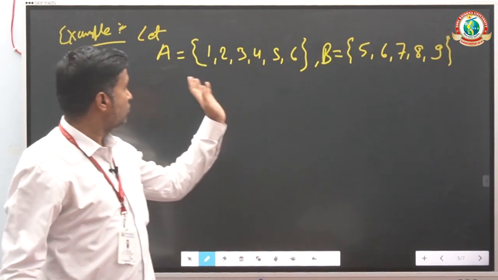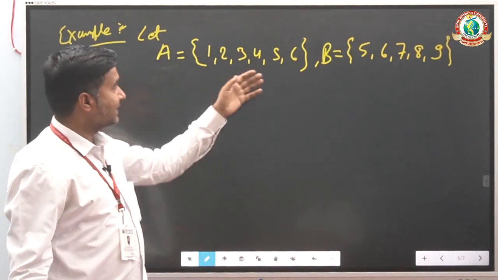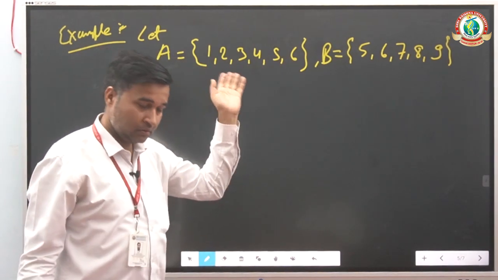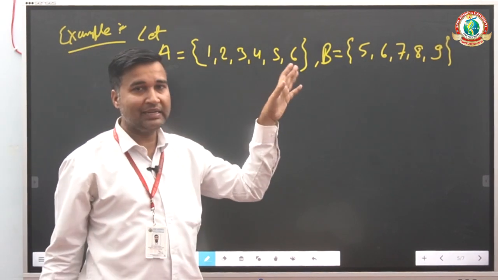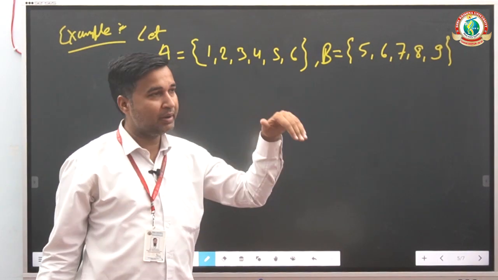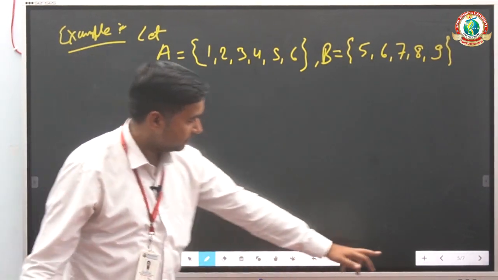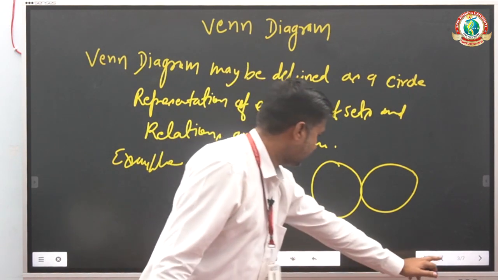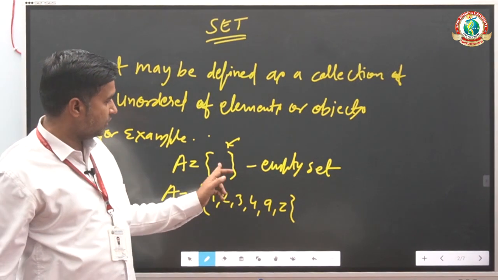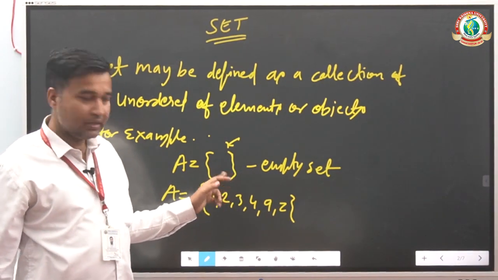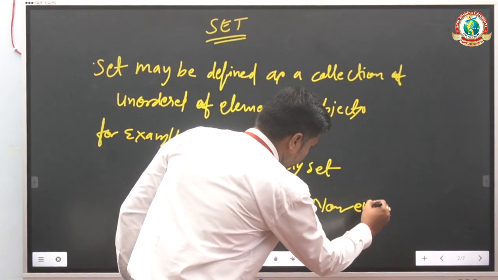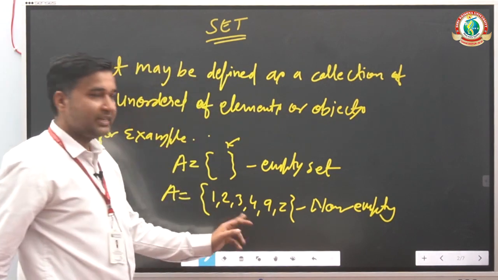Here are two sets A and B, and these sets are called non-empty sets because they are not empty. A set is not empty if it has some elements, so these are called non-empty. Like the set I made previously, this is an empty set because there is no element present in it, and here it is non-empty because elements are present in this set.